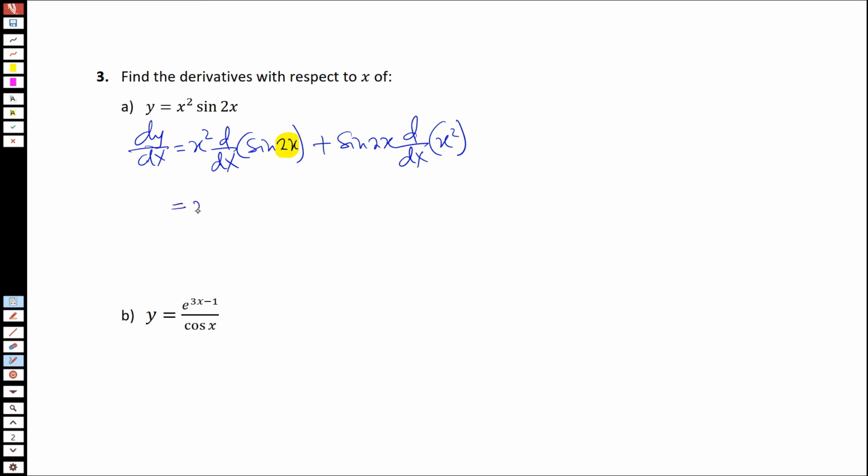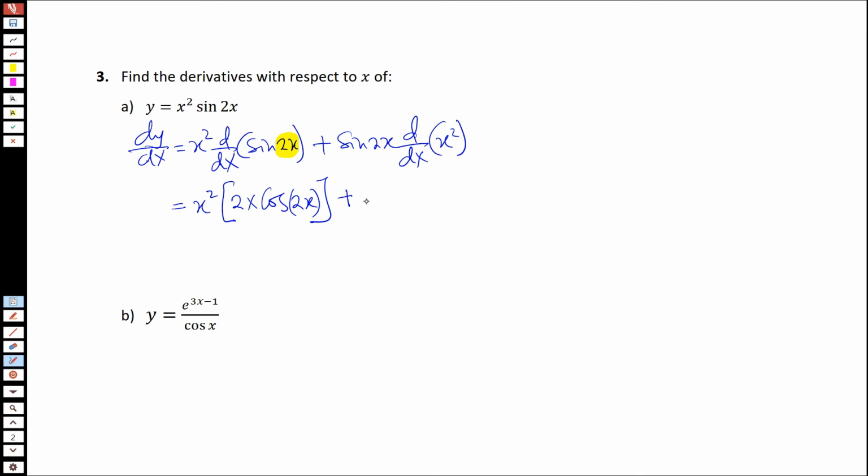So that will be equal to x squared multiplied by the derivative of sine, which is cos, and the derivative of 2x is 2, so 2 multiplied by cos 2x, because you do inside and then outside. So inside is 2, outside is sine, whose derivative is cos.